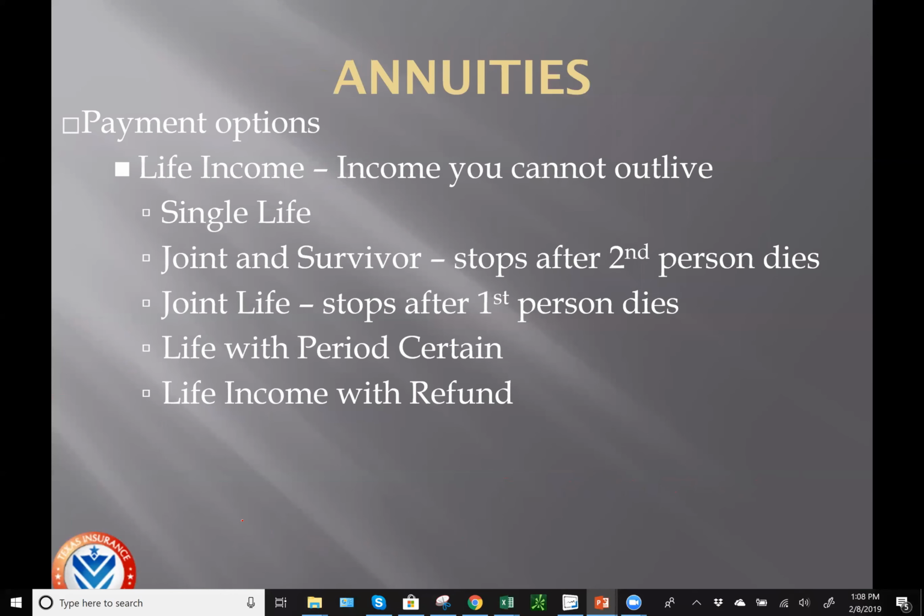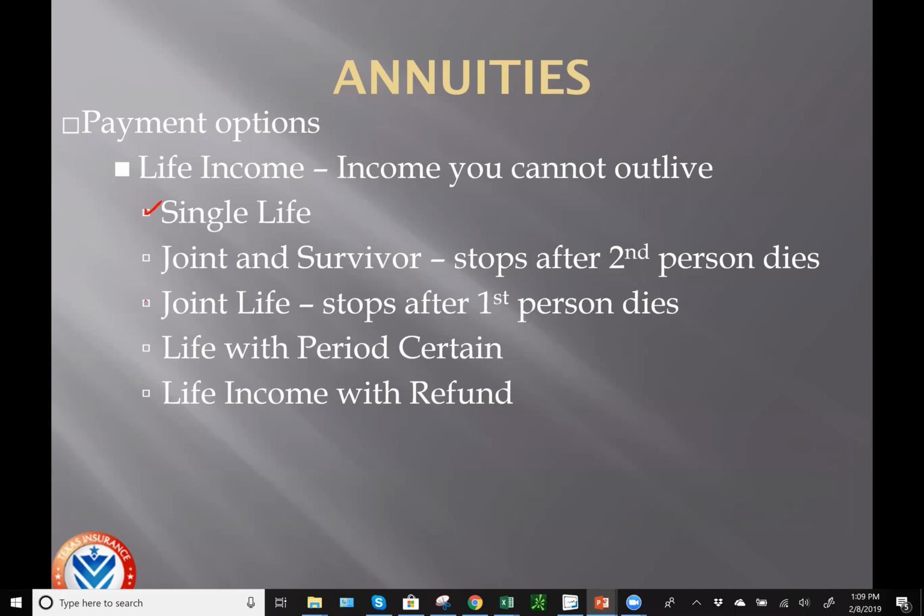Remember, annuities are designed to provide a life income. It's an income you cannot outlive. There's a single life payout or a straight life payout. That's payments for the rest of your life. But if you die too soon, the insurance company is going to keep whatever's left in there. Maybe I want payments for both me and my wife.